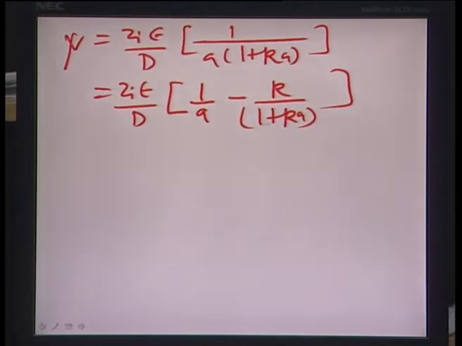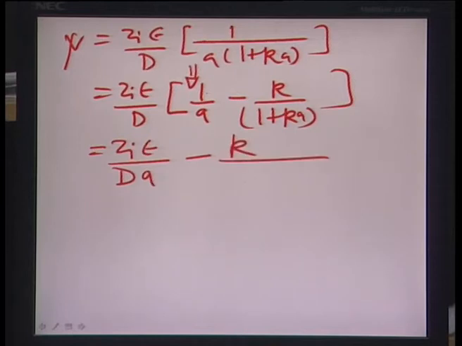So, if you make this the denominator will come out to be a times of 1 plus k a, and 1 plus k a will be here minus k times of a. So, that essentially this is 1 by a into 1 plus k a. So, this is the correct partial fraction for this expression on the top, and let us split it up into two different terms, z I by d times of a minus k divided by d times of 1 plus k a. So, times of z I e.